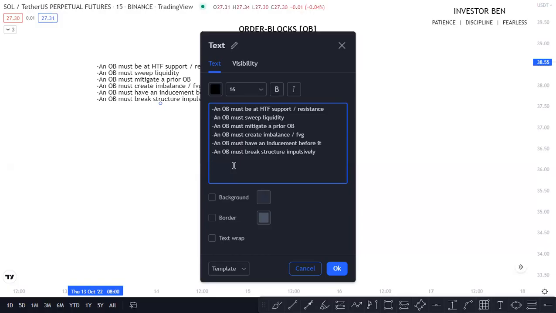Okay, so let me say something again. Higher time frame OBs are more effective than lower time frame OBs.